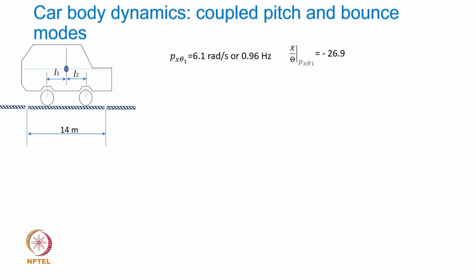Because there are degrees of freedom x and theta defined at the CG, isn't it? So suppose I move this CG with a displacement of maybe 10 centimeters, just to have an idea about what this motion would look like. Because this is a mode shape, it's a relative displacement, right?